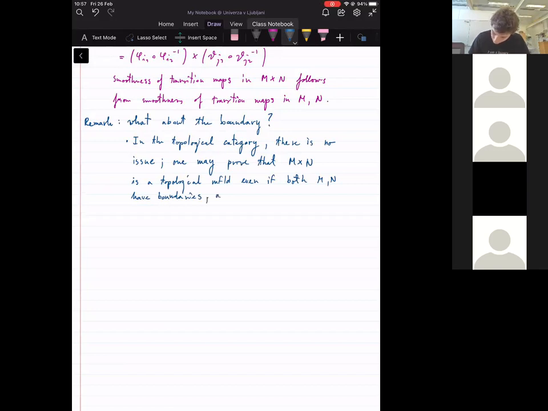And there holds that the boundary of M times N is then the boundary of M times N union M times the boundary of N. So this is in the topological category. But now in the smooth setting, as Jaka said, we get to an issue.